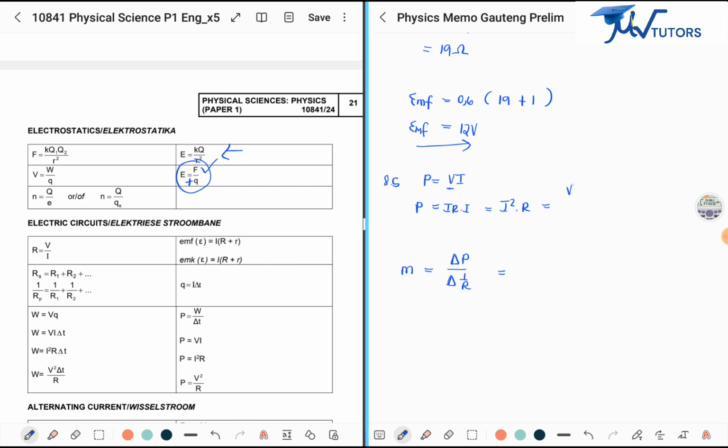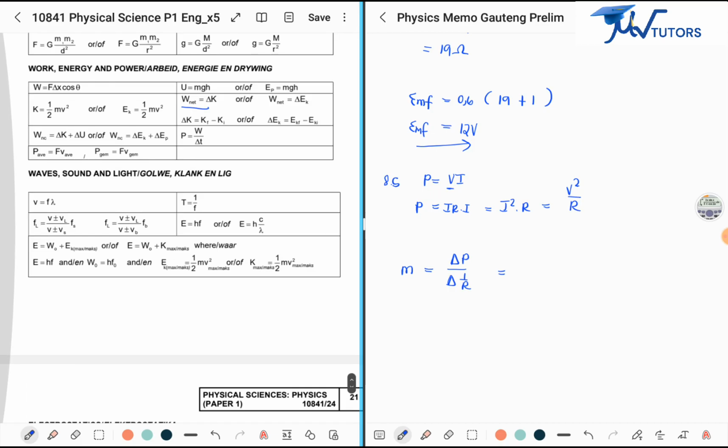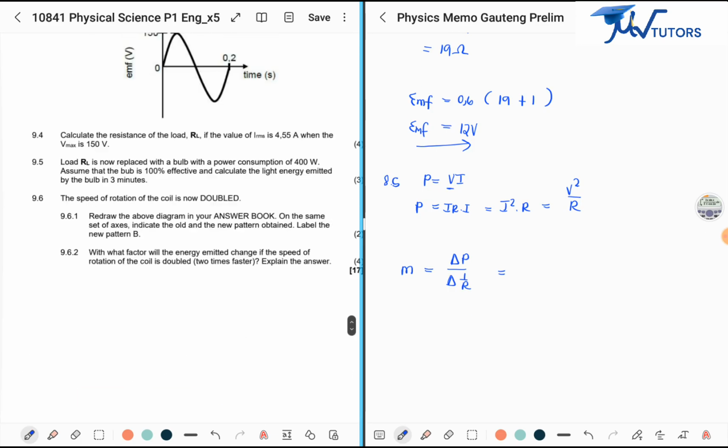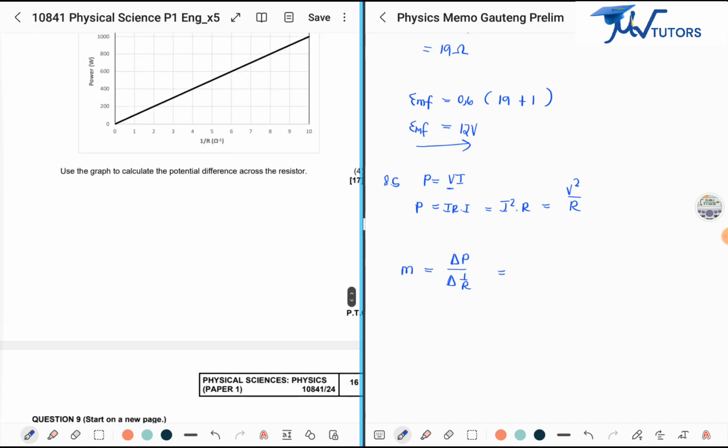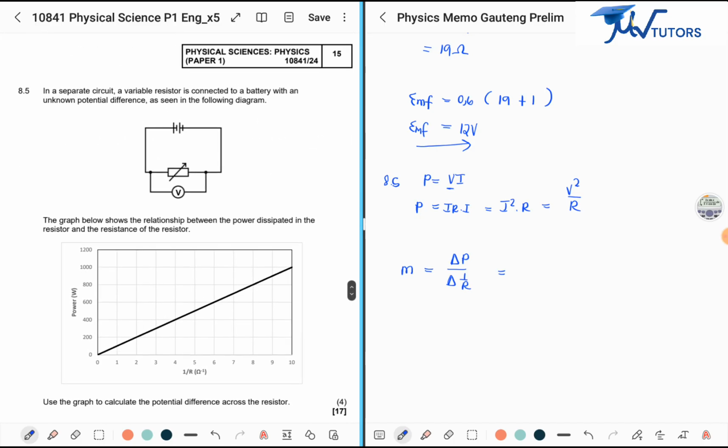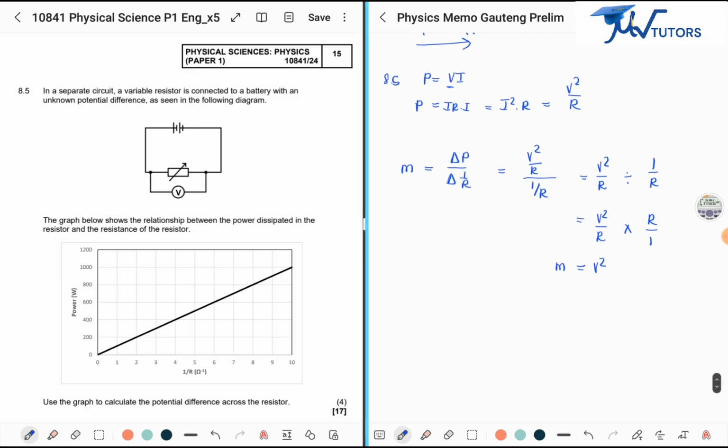So let's say V squared over R, because I want V, I have P, and I have R. So I want an equation with V squared and R, not I. So delta P would be V squared divided by R all over 1 over R. Okay, simply put, I have V squared over R divided by 1 over R, and we know that we can turn that around and say multiplied by R over 1. And essentially my gradient is V squared, which is great.